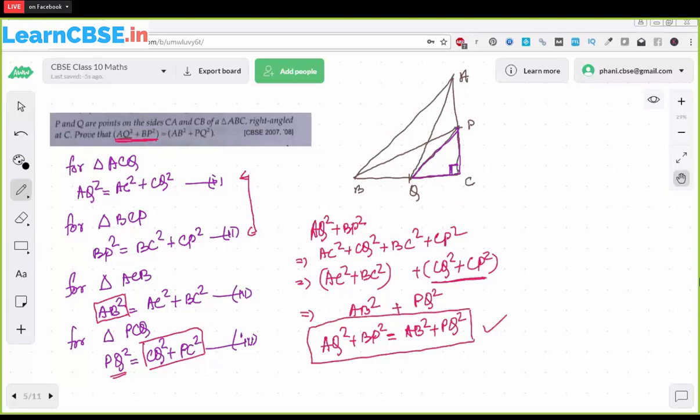So using all the four right angle triangles, we can prove it. Let's try the next one.